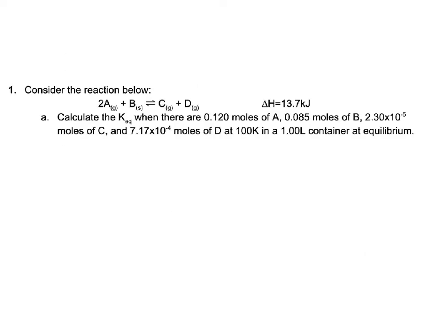So in the first example from your in-class work problems, it gives you a reaction, and it says at equilibrium, these are the number of moles of the gases. So A, C, and D are the ones that we care about. You can't use B because it is a solid. So we just use the number 1 in the K_EQ expression for B.